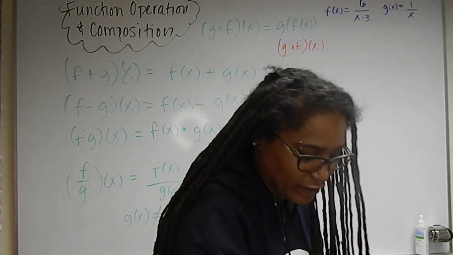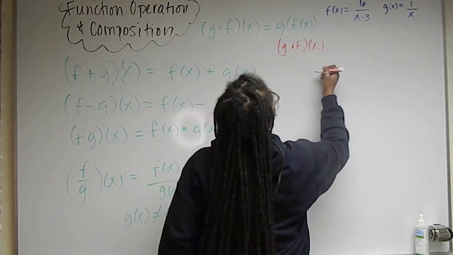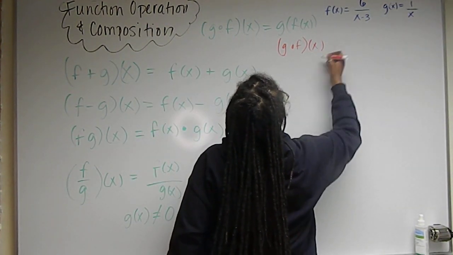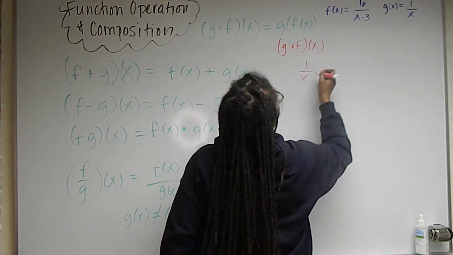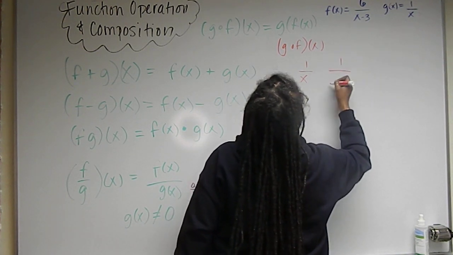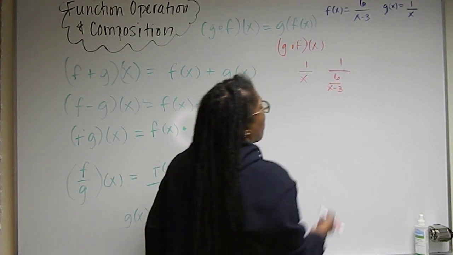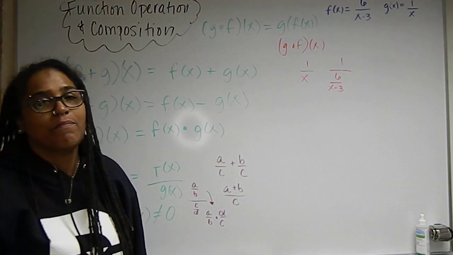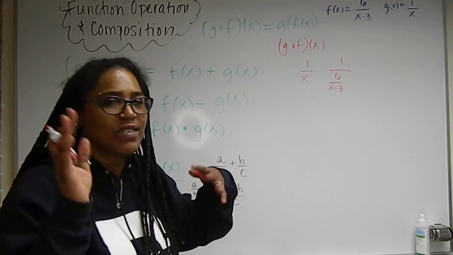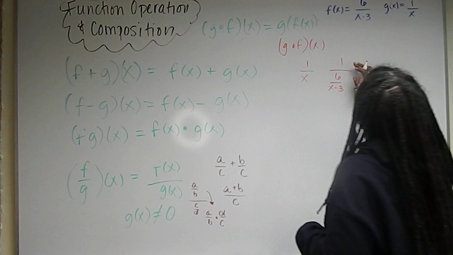F of x into g. Duh. The whole thing. G is 1 over x. So if I'm putting f of x into g, then I have 1 over 6 over x minus 3. There we go. My bad. I knew something was missing. Something's not clicking.